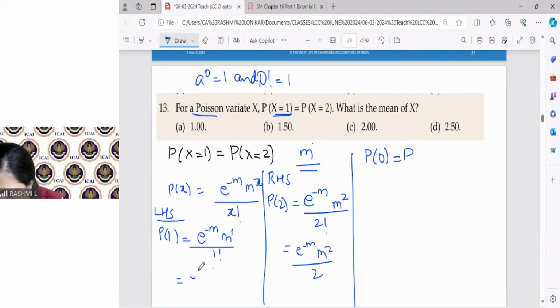So this is e raised to minus m into m. So I am going to use P of 1 is equal to P of 2. P of 1 is e raised to minus m into m, and P of 2 is e raised to minus m, m square upon 2. Okay.